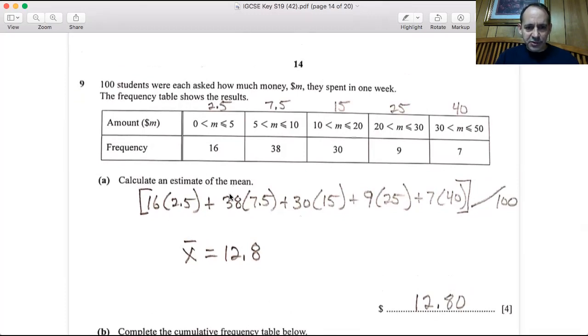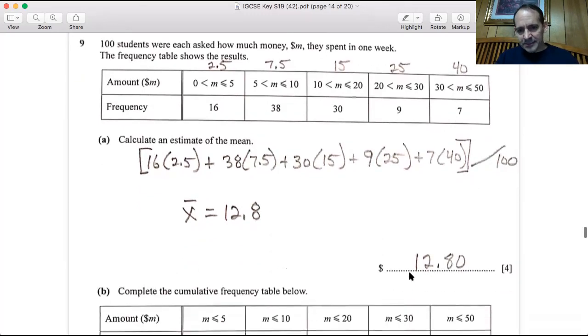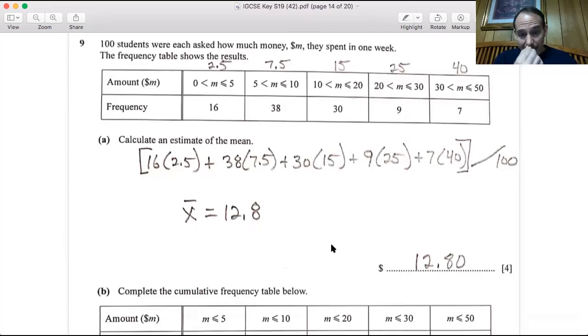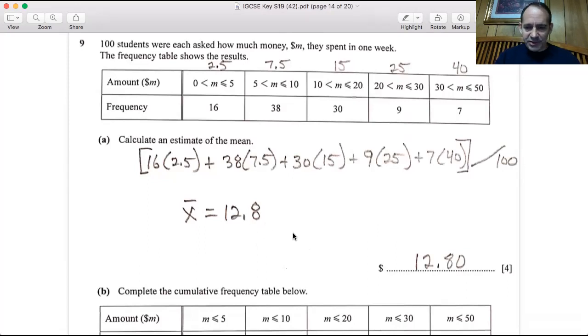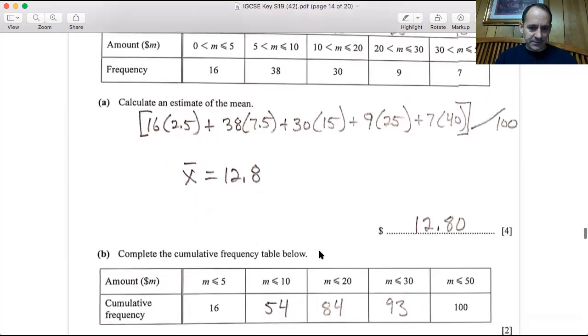So 16 times the 2.5, 38 times the 7.5, 30 times the 15, 9 times the 25, 7 times the 40, and you add all that up and divide it by 100, which is your total frequency or number of students, and your average then is 12.8. And because we're dealing with money, it's $12.80 is the average amount spent. So 12.8 is 3 significant figures, but since we're dealing with money, we go to 2 decimal points.